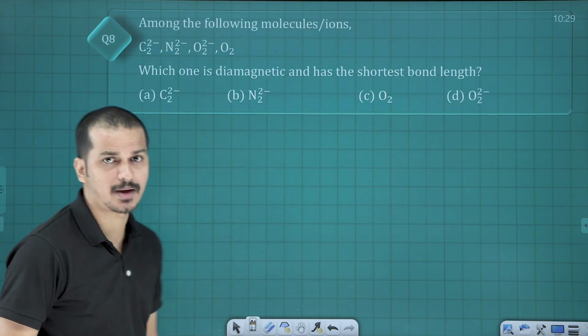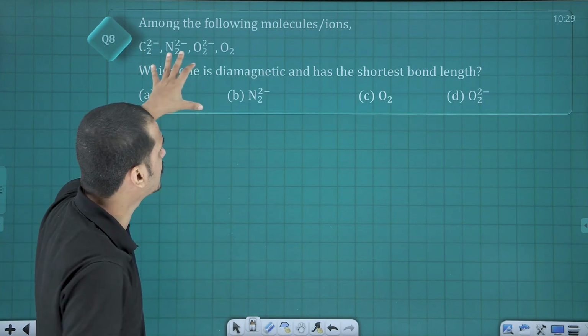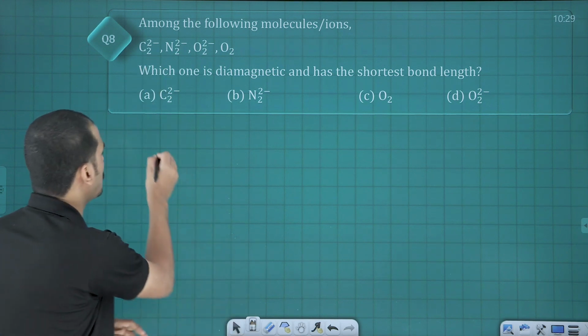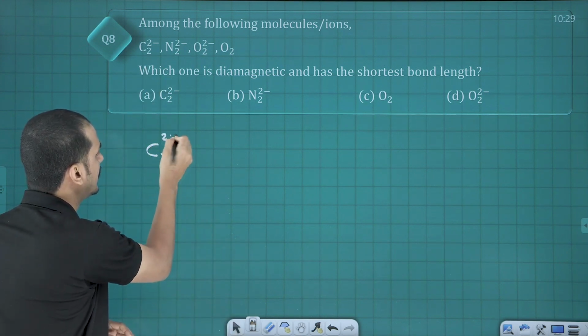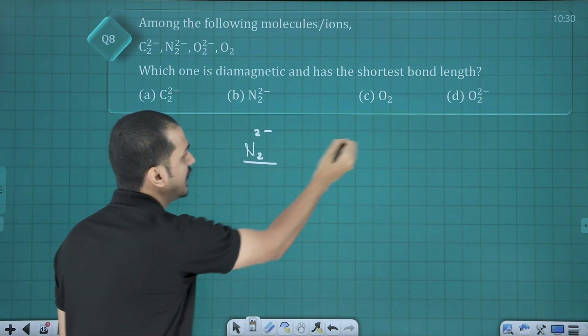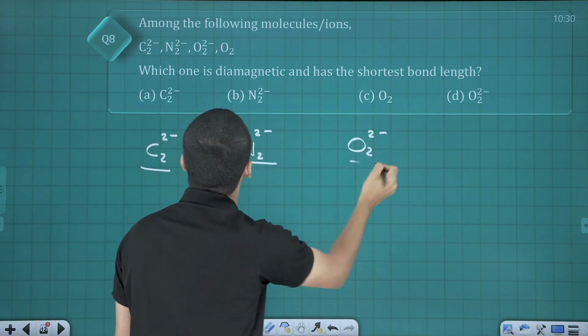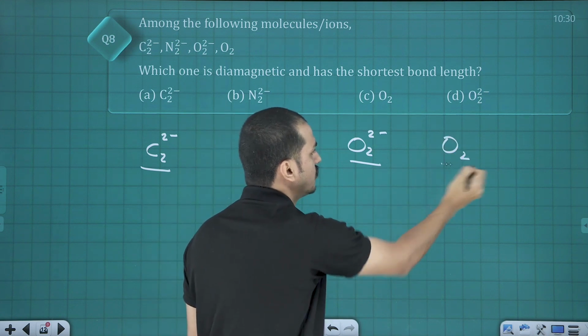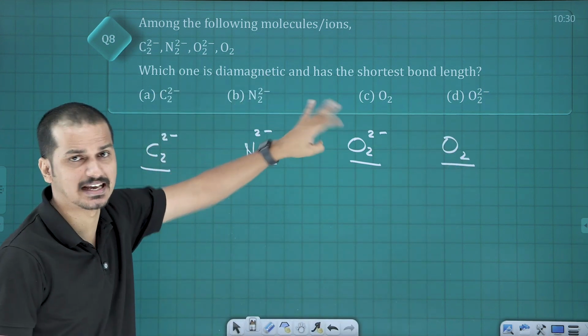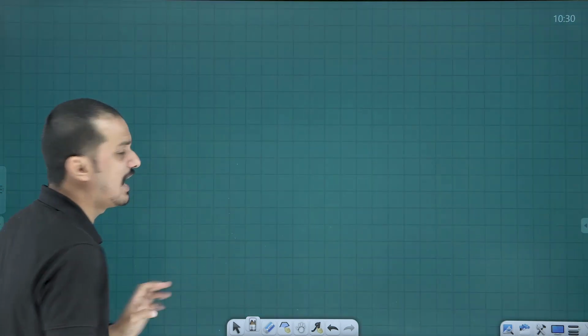Next question, question number 8. Among the following molecules or ions, they have given C2 2 minus, then N2 2 minus, then O2 2 minus, then O2. They are asking which one is diamagnetic. What's the idea for diamagnetic?